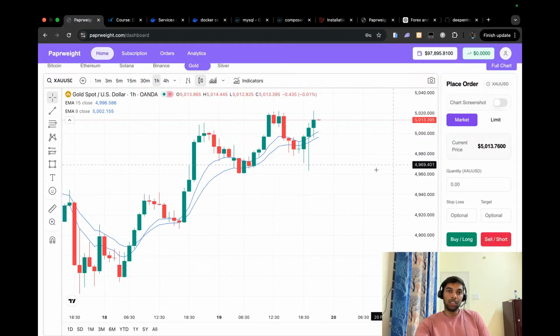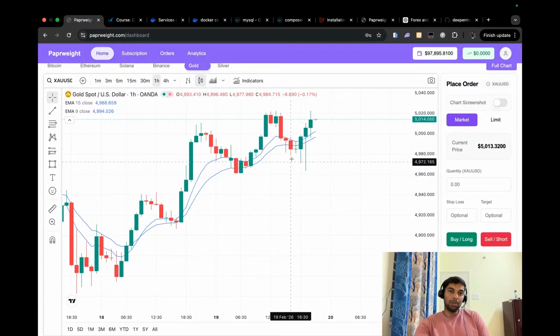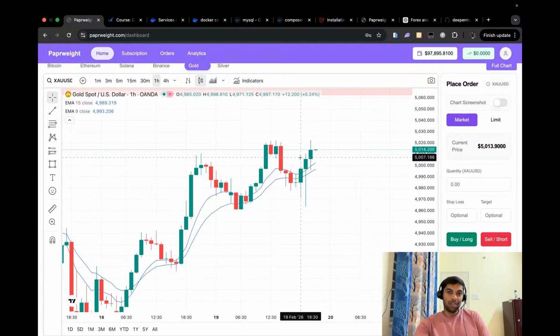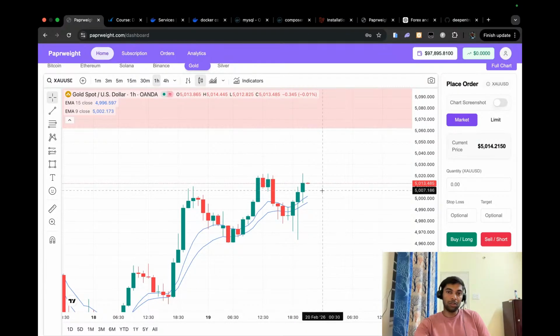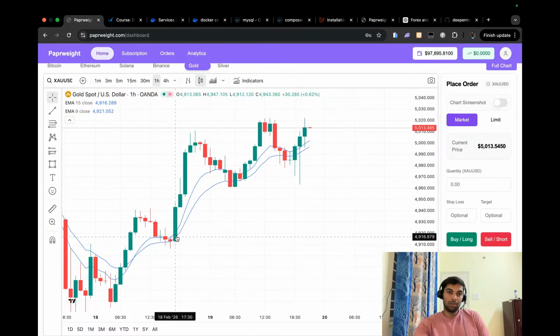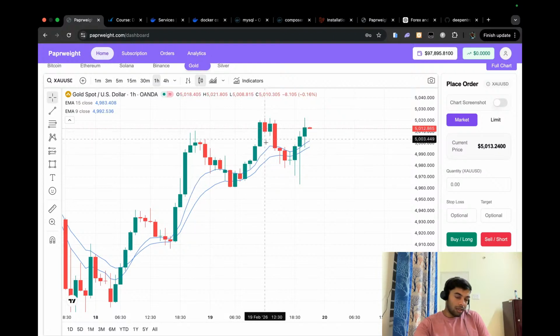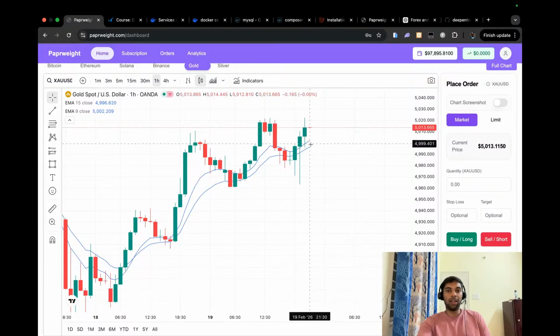So at 1 hour, you can just see that this is how the market is taking baby steps in the up direction, and with each baby step, the steps are getting shorter because it is approaching the selling zone. So this big green candle later converts into a middle size candle and then almost negligible candles.